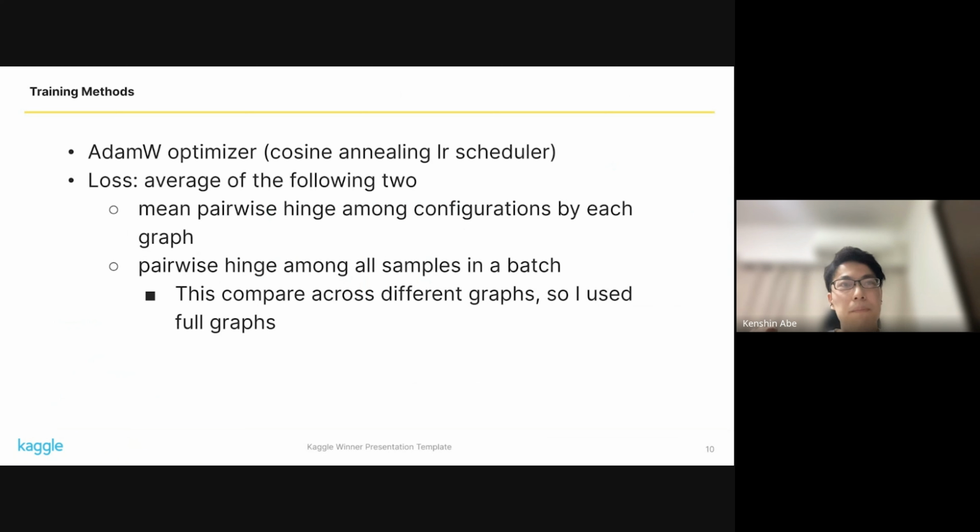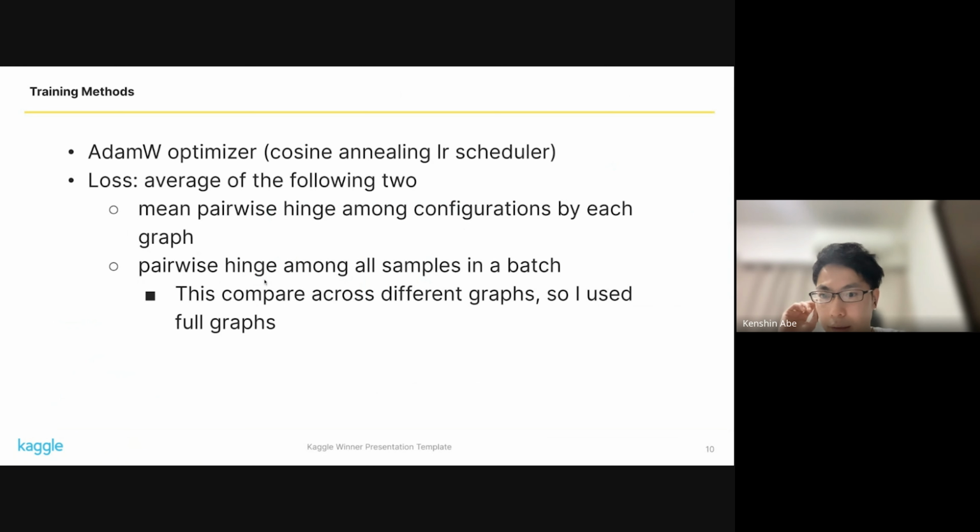But including this as a loss function enhanced the Kendall Tau score for each graph.